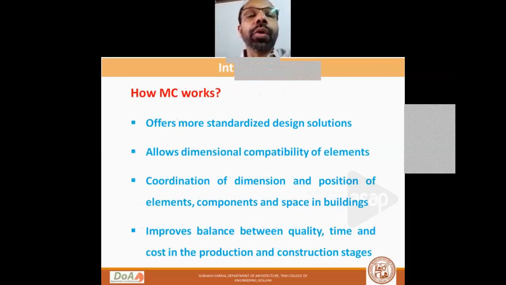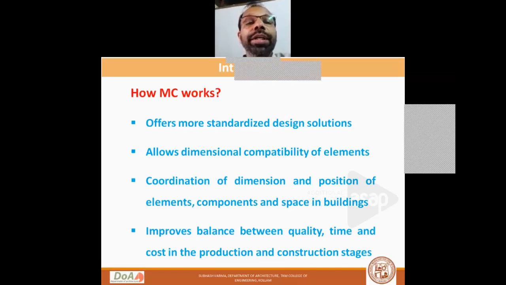So this modular coordination offers more standardized design solutions. You can construct prototypes in the factory and you can assemble them at site. It allows dimensional compatibility of elements. So all the dimensions have to be set to the modular size and be compatible.